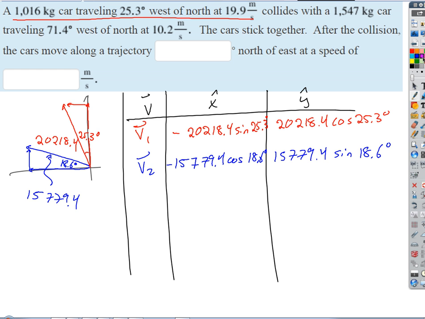Okay, so all we got to do now to get the resultant is just add those up, right? Yeah. So we can do this.